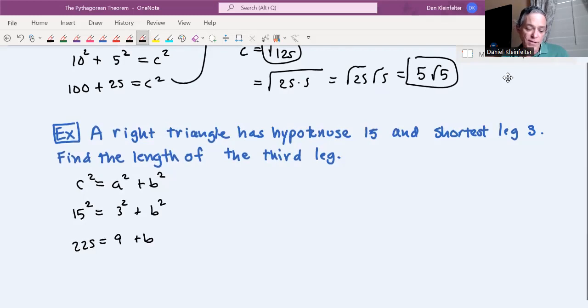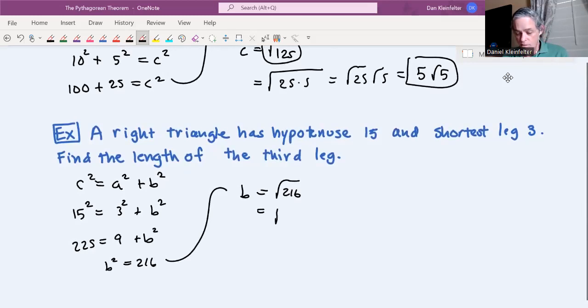Taking 9 from both sides, our b squared will be 216. So then b will be square root of 216. Okay, and then again, we can simplify the radical if we want. We'll rewrite the radicand as, let's see, 4 times 104. No, 2 times 54.